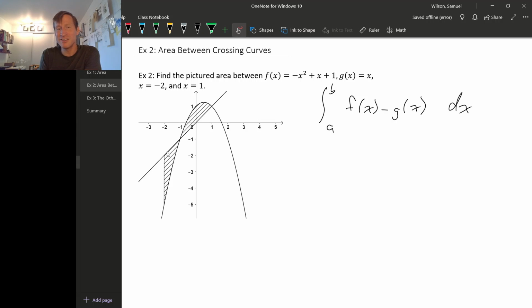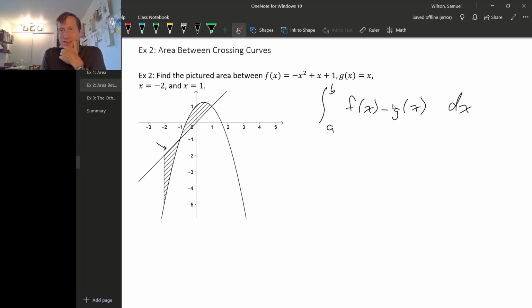At first the line is on top, but then when you get far enough to the right, the parabola is on top. So we can't use this formula directly. It's at the left-hand part of this region where the line is on top that we can't use g of x.